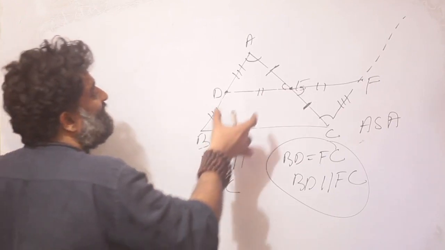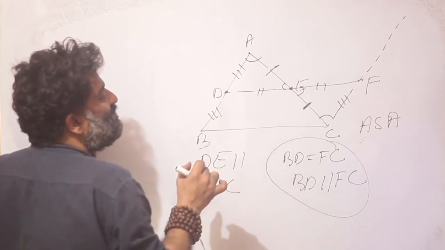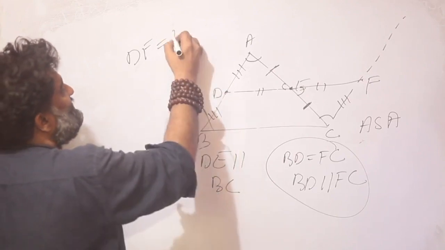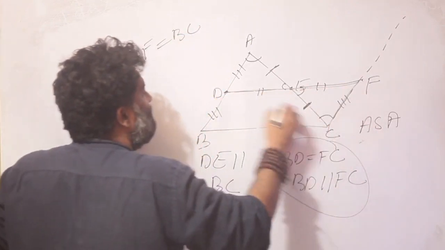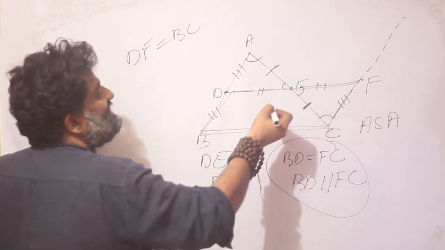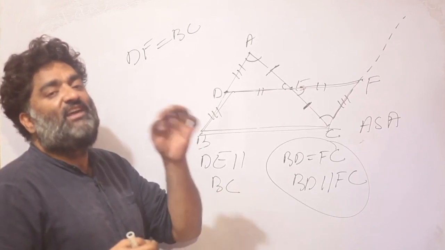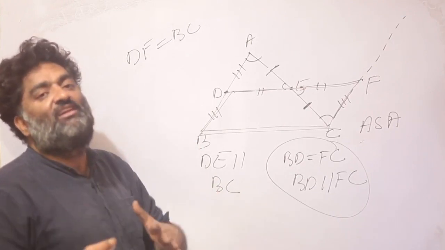The other part that I wanted to prove was that DE is half of BC. How will I go about doing that? DF is equal to BC. Why is that? Because in a parallelogram, the opposite sides are not only parallel but equal to each other. Remember, we started with the definition of a parallelogram as the opposite pairs being parallel to each other.